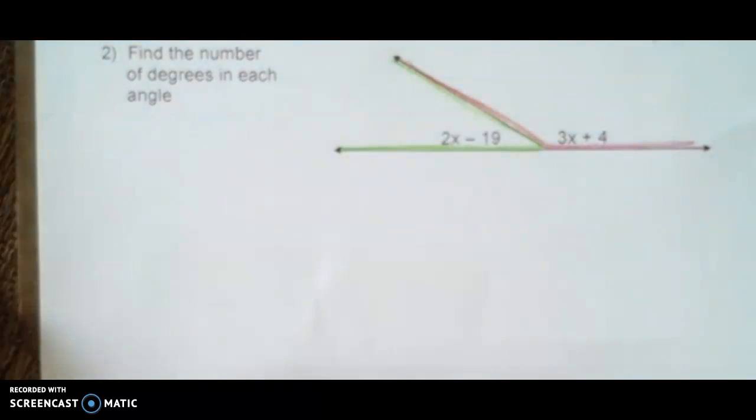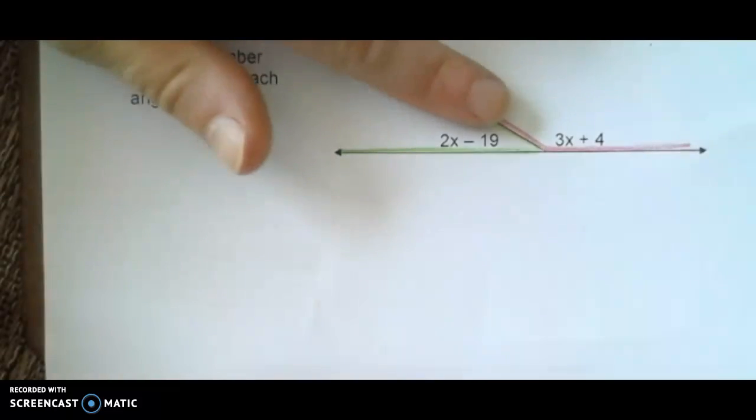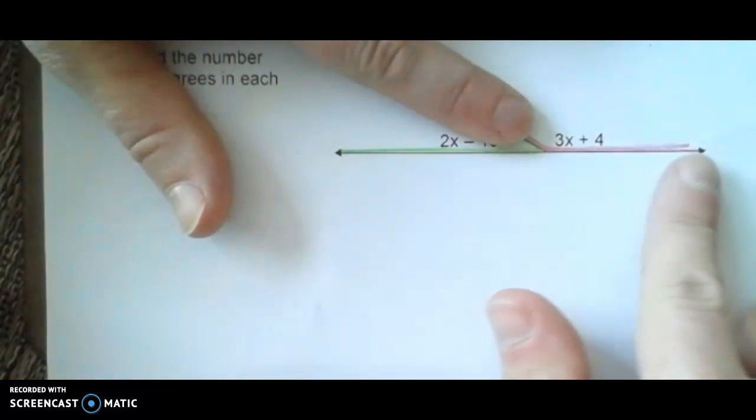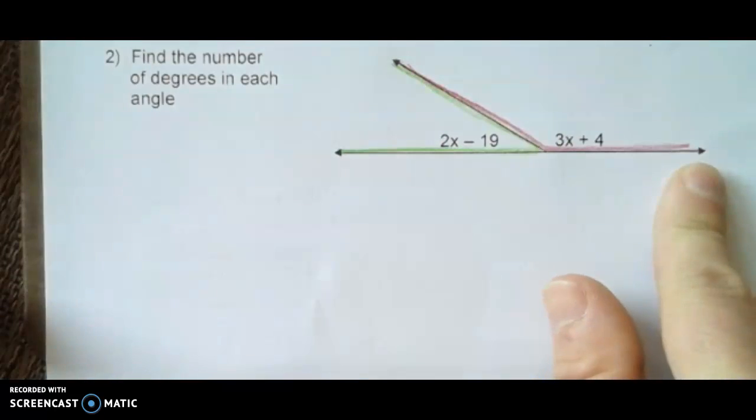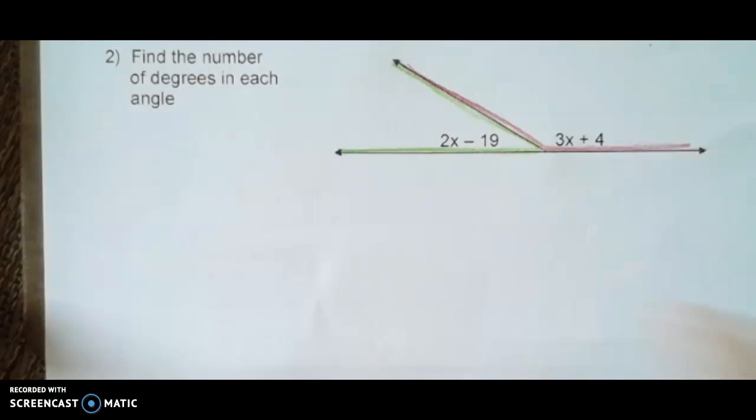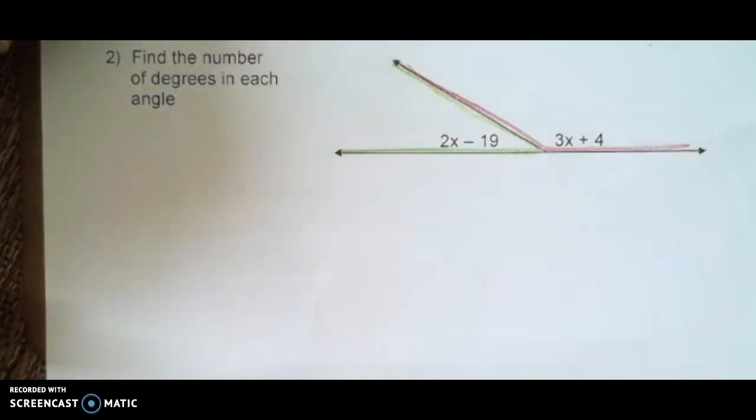And if you were to get rid of the ray that they share, this ray right here, well then you're going to be left with that straight angle, which means that these are supplementary angles, and they have a sum of 180 degrees. So what we're going to have to do again is set up an equation so that we can figure out the measure of each angle.